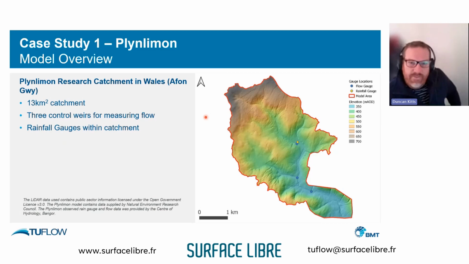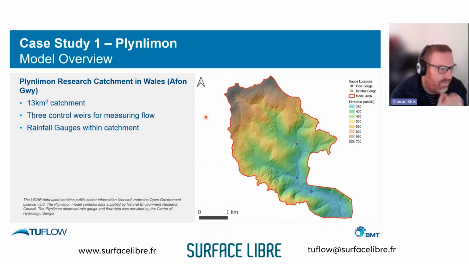They've been very widely measured and observed, because they're right next to each other, with similar sizes, similar geology, just completely different land covers. What we're focusing on here is the Afon Gui catchment, which is the grassed catchment. Within this small catchment, there are 3 control weirs for measuring flow, and there are various rainfall gauges and various other things.